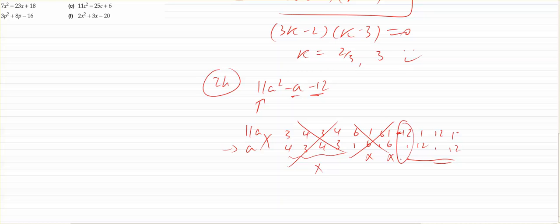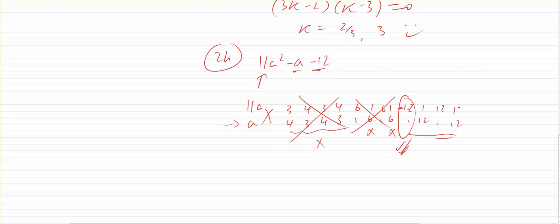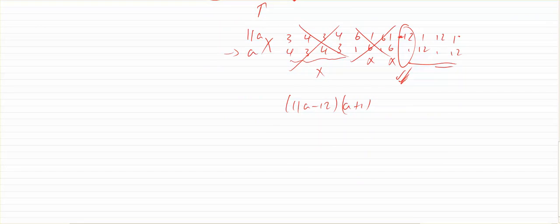So this factor works. Double check it works. You go 11 times 1 is 11a, and then you've got negative 12a, so that's negative a. Okay, so we've got 11a minus 12 and a plus 1.